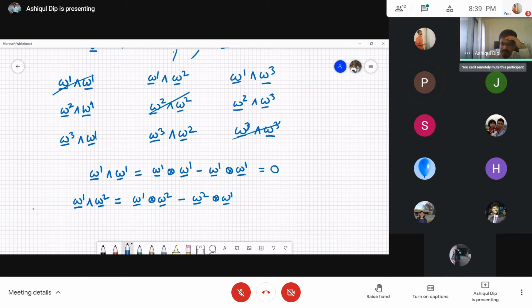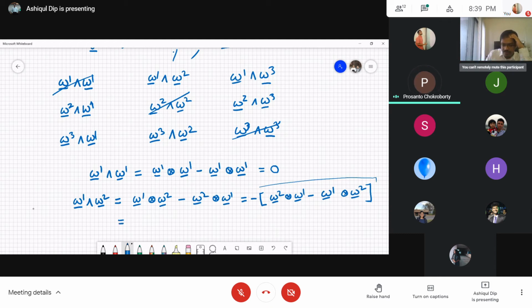But if you're careful enough, you'll see that if you factor out a minus from this whole thing, then we get omega 2 times omega 1 minus omega 1 times omega 2, right? Can you recognize this thing? Omega 2 omega 1. Yes.